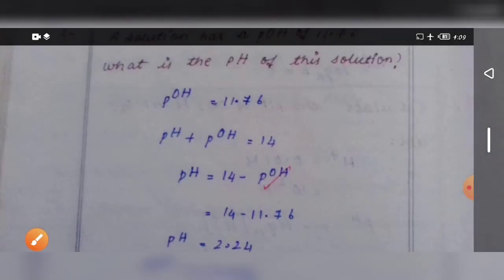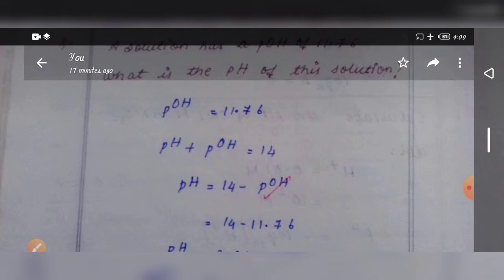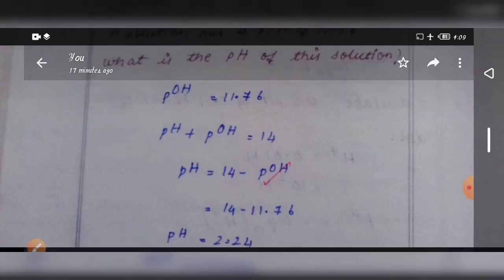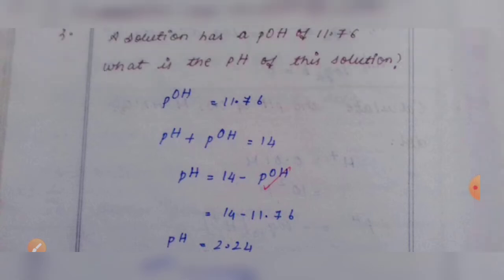Next, third sum. A solution has a pOH of 11.76. They given directly the value 11.76. pH plus pOH, you know very well the formula, pH plus pOH is equal to 14. pH is equal to 14 minus pOH, that is 14 minus 11.76. pH value is equal to 2.24.